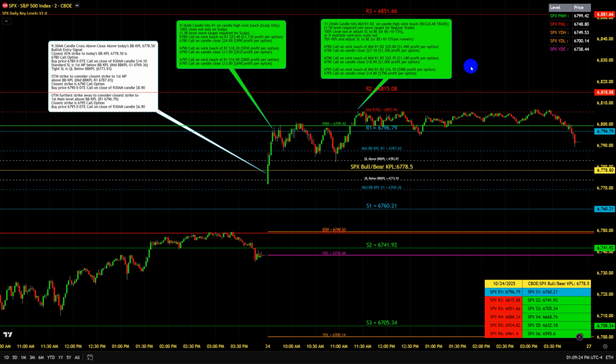And if you are going to keep some contracts as runners, because you could have multiple runners, as an example, if you had 10 to start with, you sold 70% of them, now you've got 3. So you could close out 1, now you've got 2. Adjust the stop loss on the remaining 2.